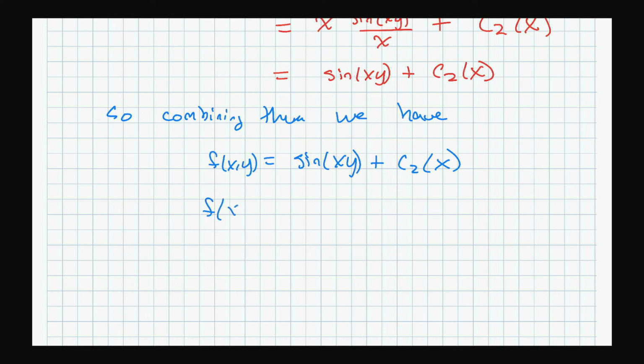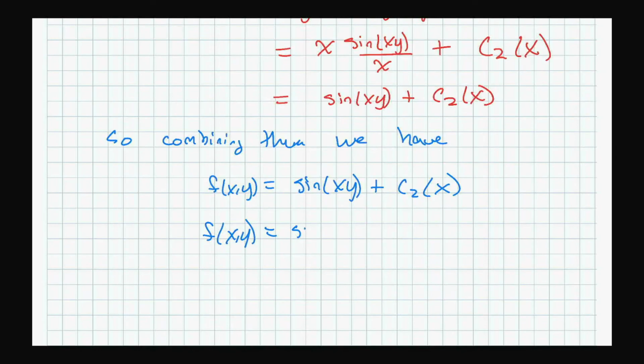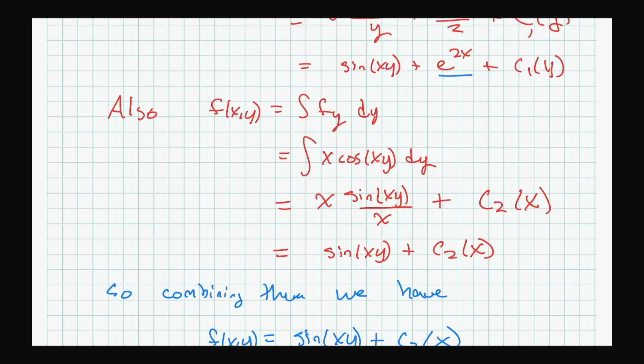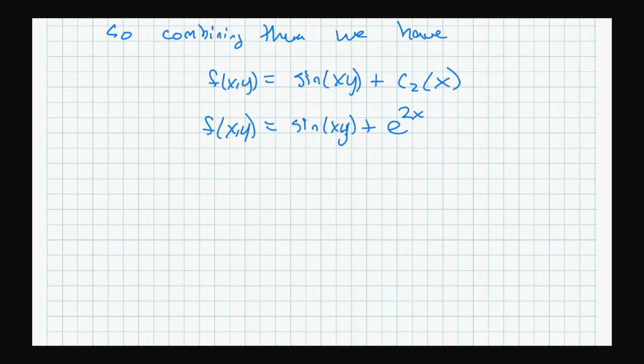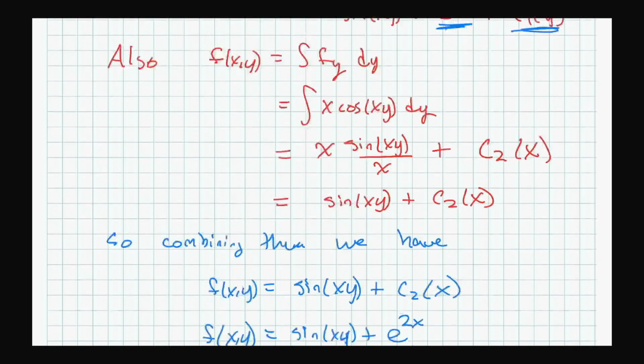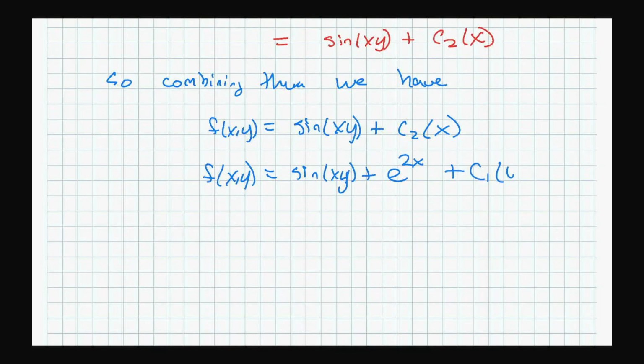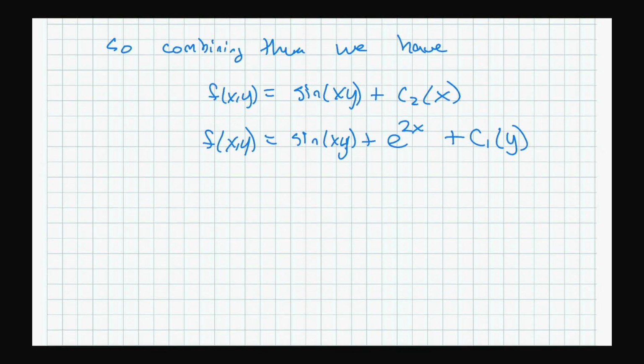The other one said sine xy, that was the same, plus e to the 2x, that was different, plus c1 of y. Okay? So for your final answer, you take all terms that appear in either.